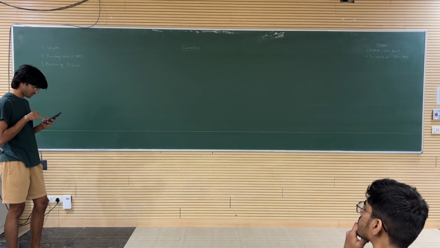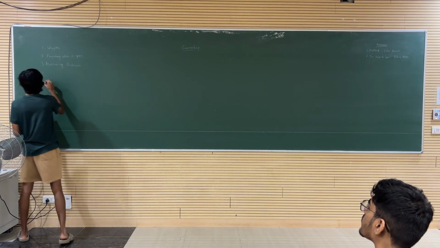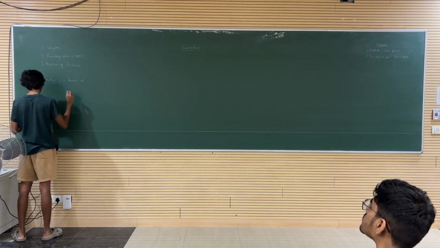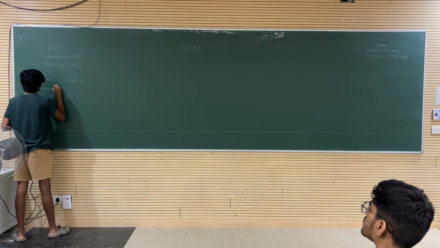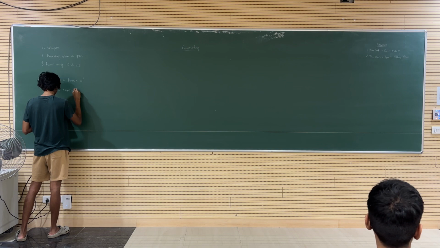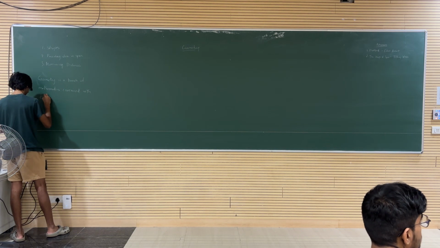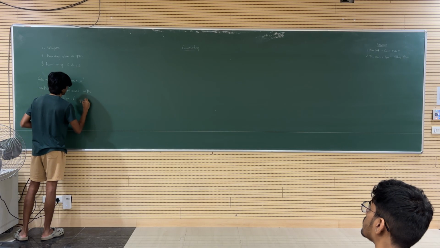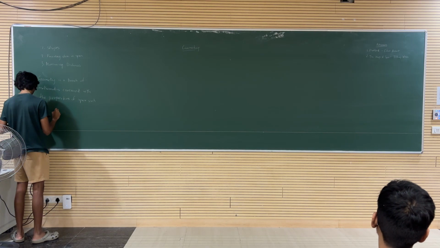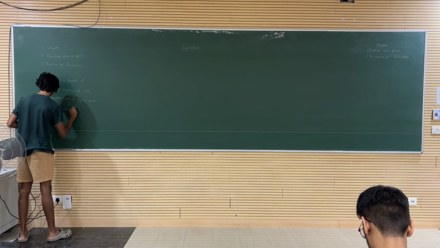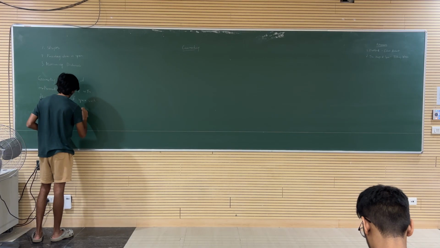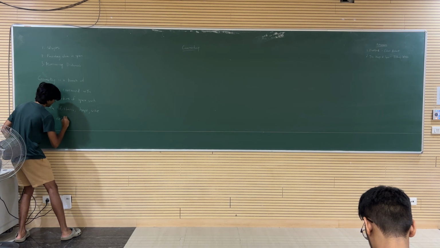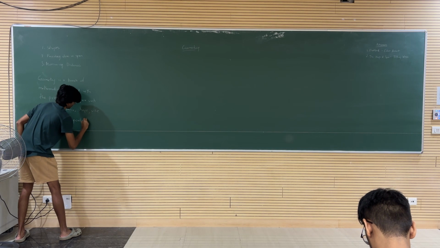It says that geometry is a branch of mathematics concerned with the properties of space such as the distance, shape, size, and the relative position of figures.